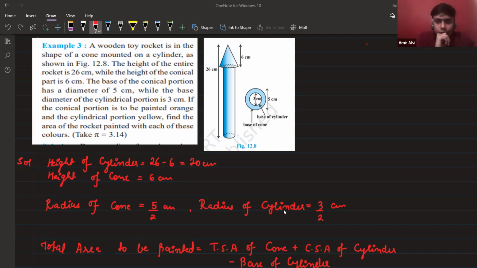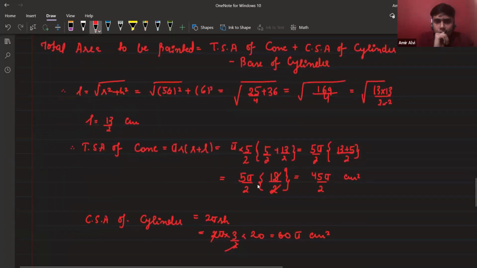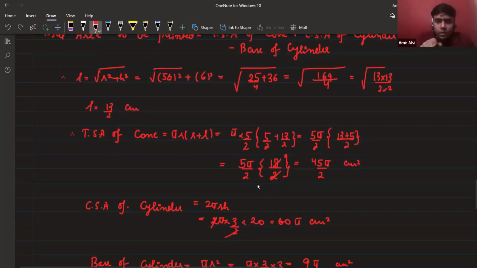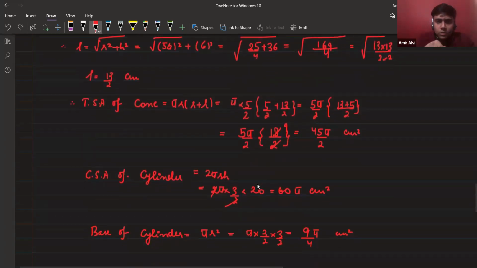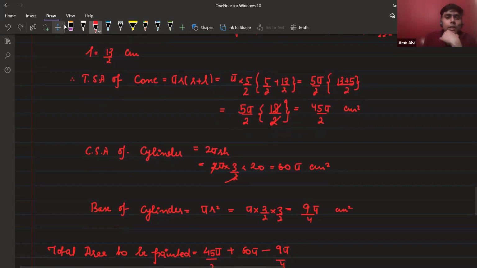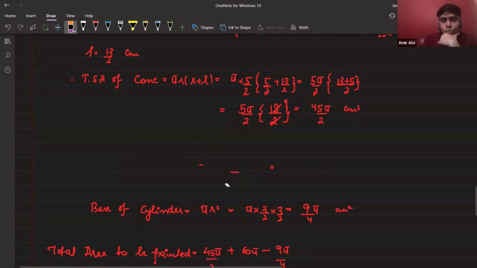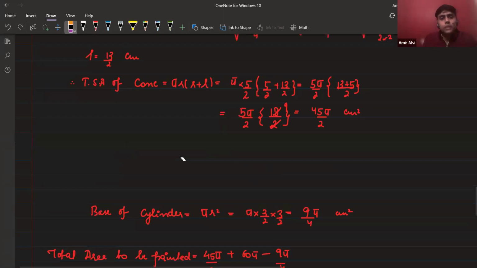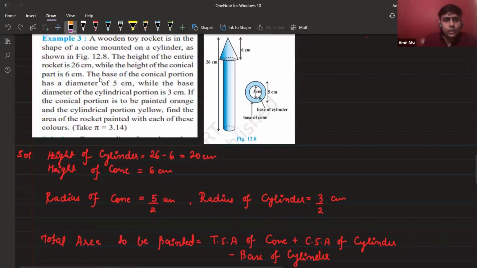Did I make any mistake here? It's not TSA, it's pi RL minus... Okay. The area has to be painted yellow, so we have to subtract this. This is not to be area basically. Yeah, as you can see this thing.